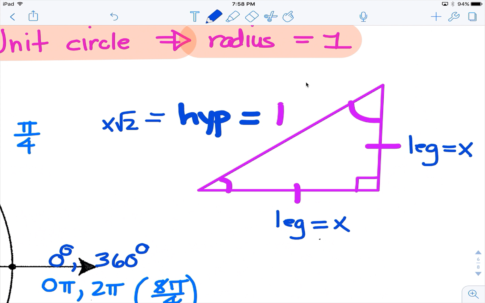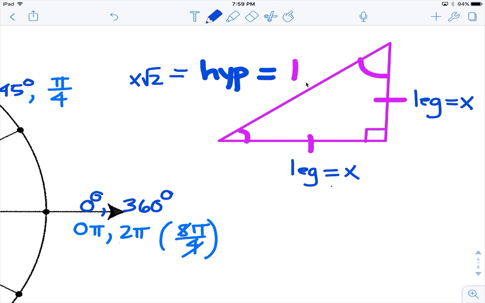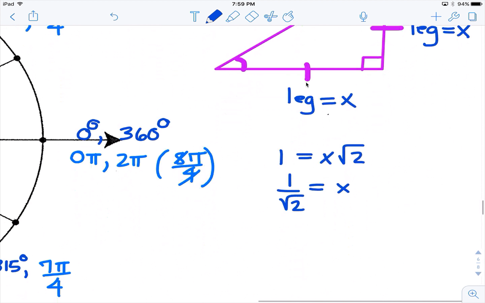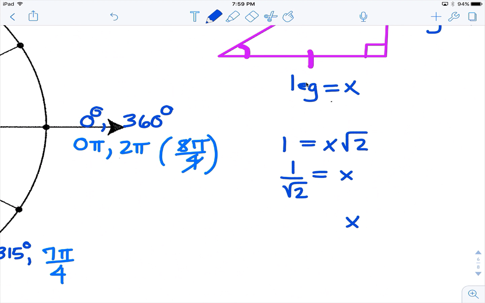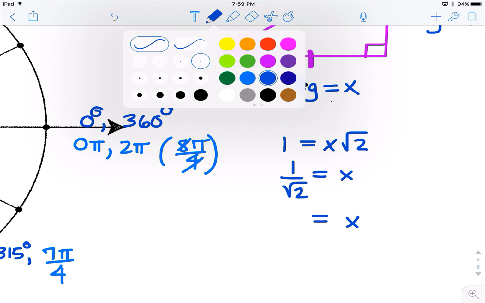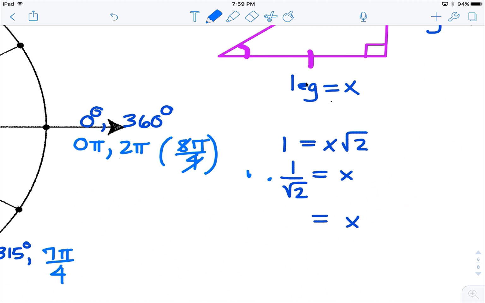Okay, so if our hypotenuse is equal to 1, how do we go backwards and find the length of the leg? So if it's equal to 1, then 1 is equivalent to 1 divided by square root of 2. And if we simplify or rationalize that, that's the same as root 2 over 2.